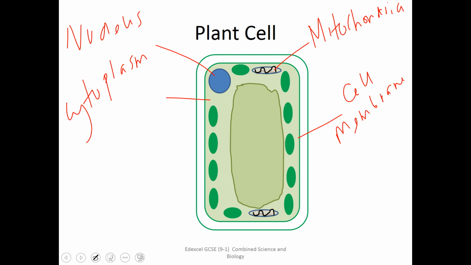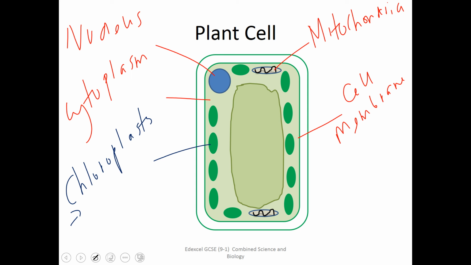As I said earlier, there are actually 3 additional structures that you need to know about in plant cells. First one, chloroplasts. These are really important. They contain a pigment called chlorophyll.